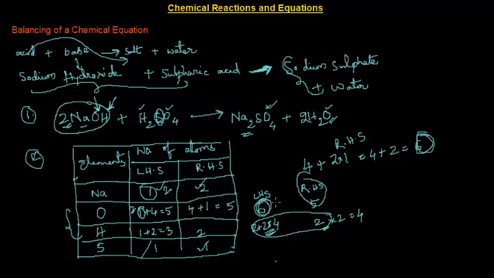So oxygens are also balanced now. So sodium is balanced, 2 and 2. Oxygen is balanced, 6. 2 plus 4, 6. 4 plus 2, 6. And hydrogen, 2 plus 2, 4. 2 into 2, 4. So hydrogen is also balanced. And then one sulfur atom here and one sulfur atom here.